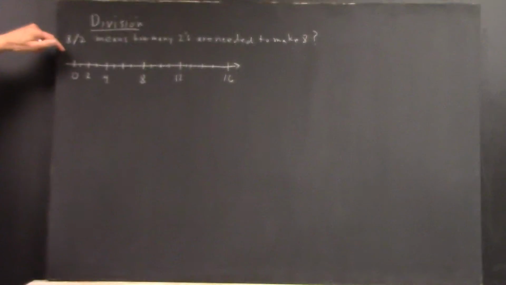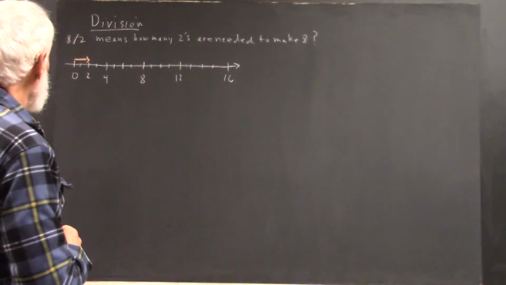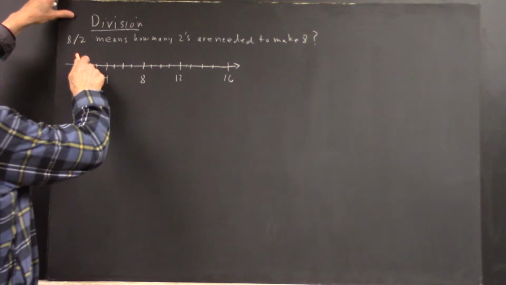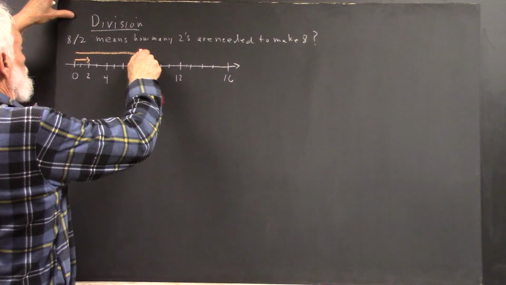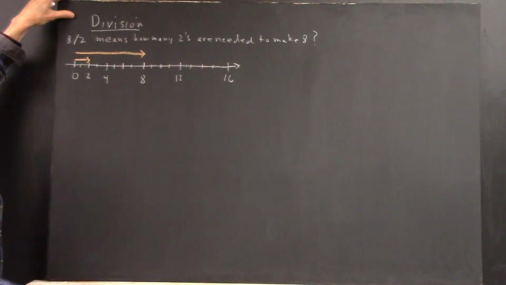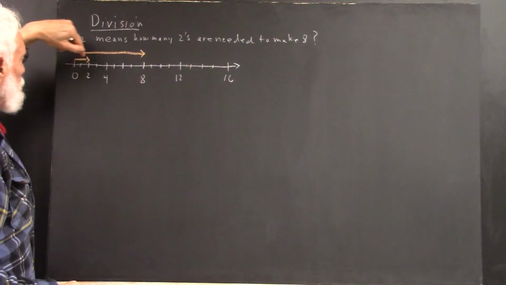Okay, so on the number line, I'm going to represent 2 by this arrow. That arrow is called a vector, incidentally. Okay, and I'm going to represent 8 by this arrow. And that arrow is also called a vector. Now, again, we know this one is 4 times as long as this one, but we can depict that.